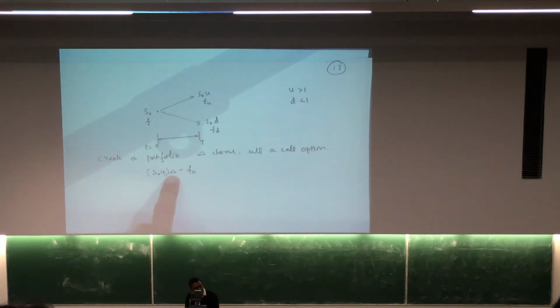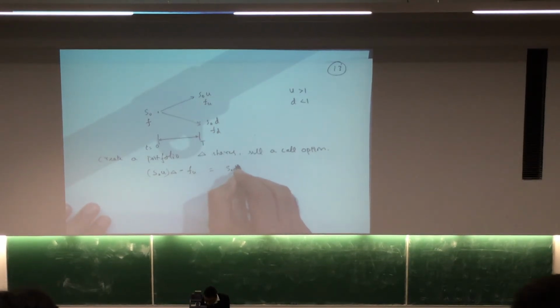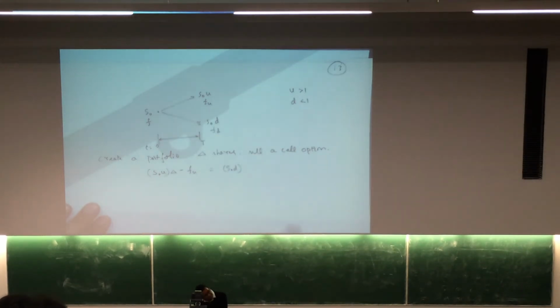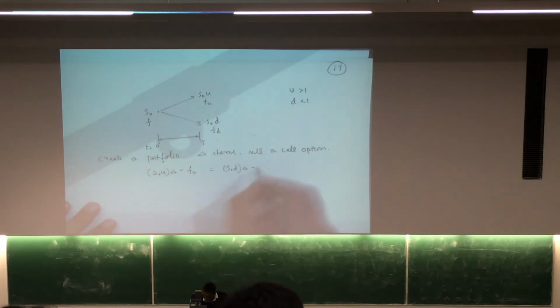And we would like to find the delta, the number of shares, in such a way that irrespective of these upward and downward movements, my portfolio value is going to be the same. So that means S naught D, in case the stock price is going down, this is my stock, the number of stocks I am going to hold, the value of the stocks, minus FD, the amount I am supposed to pay. Need not be zero always.